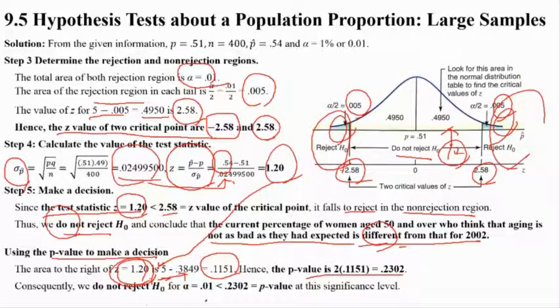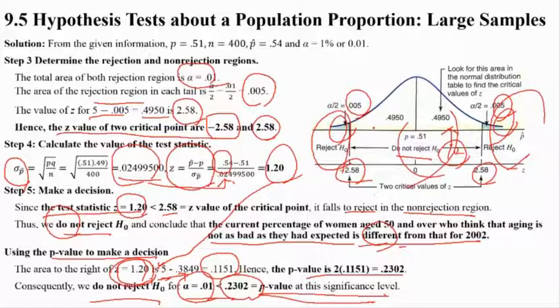The significance level is 0.01 and our p value is 0.2302, so much bigger. So do not reject. P is compared with the significance level. Do not reject, because it is inside here. Alright, do you understand that?